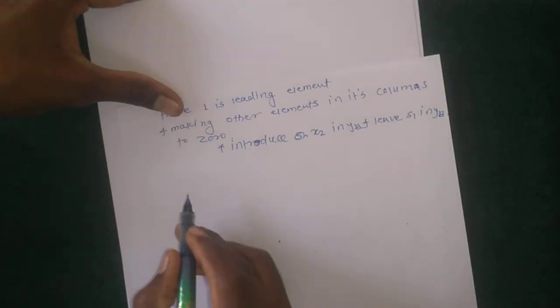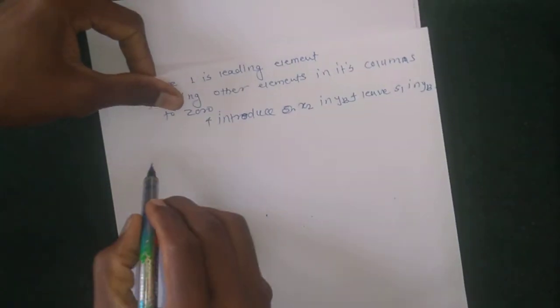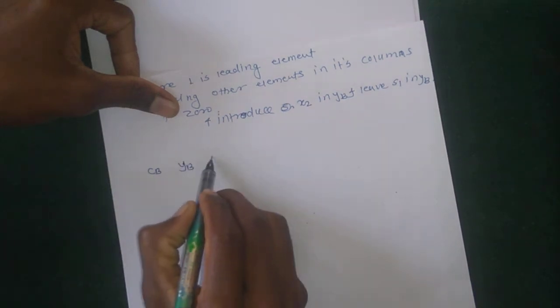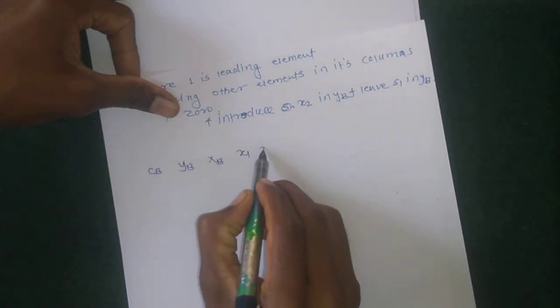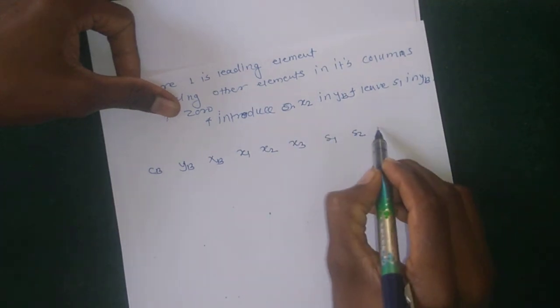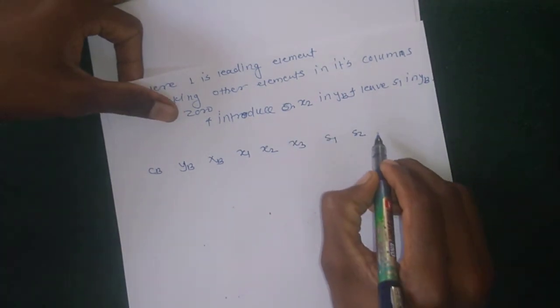Therefore the simplex table is CB, yb, xb, x1, x2, x3, s1, s2, and a1.